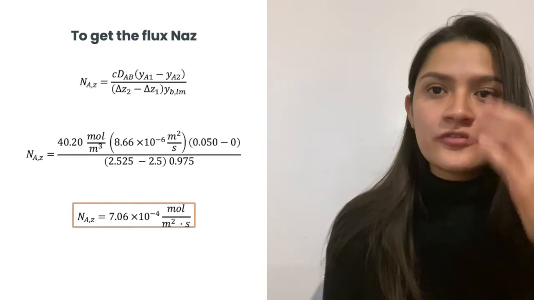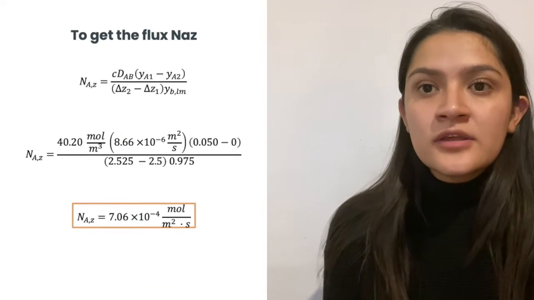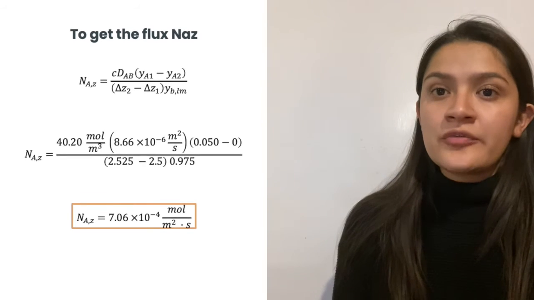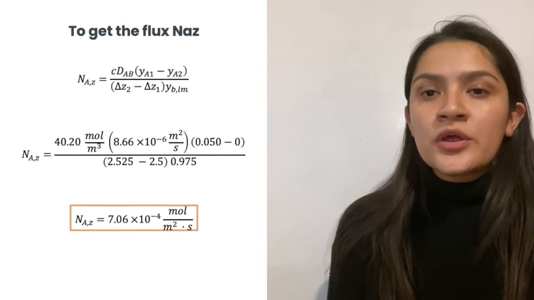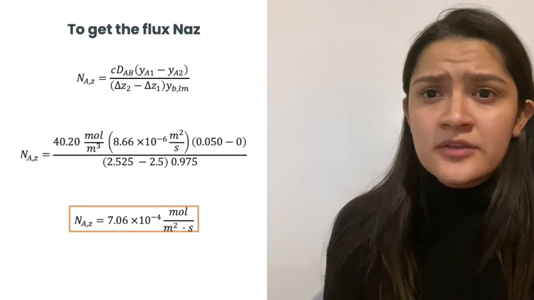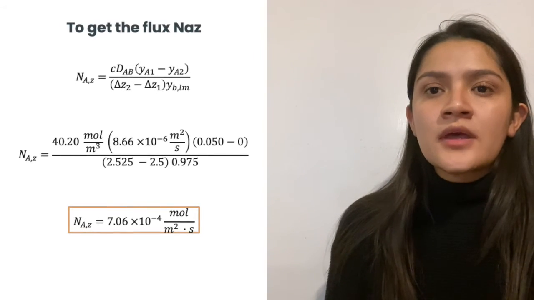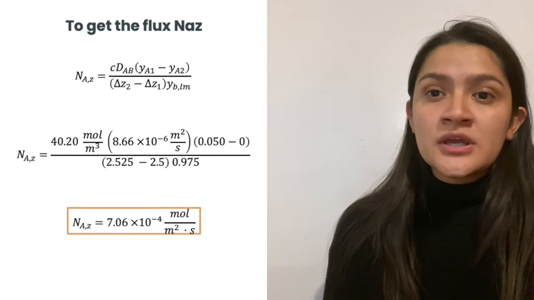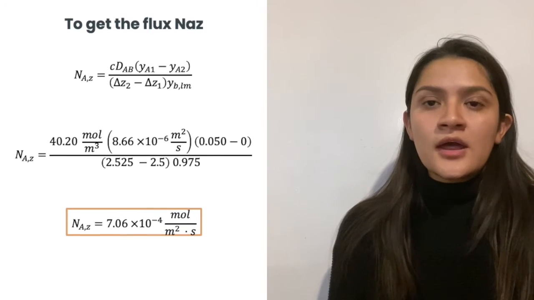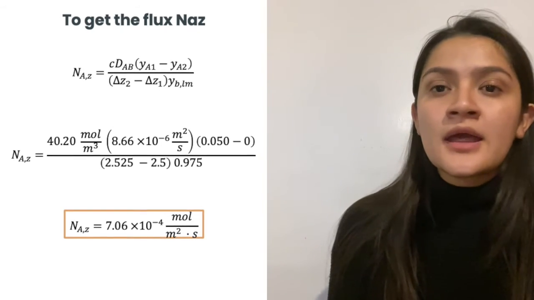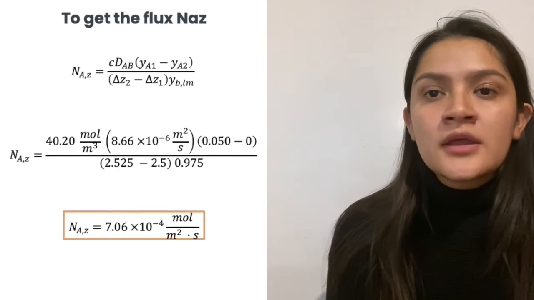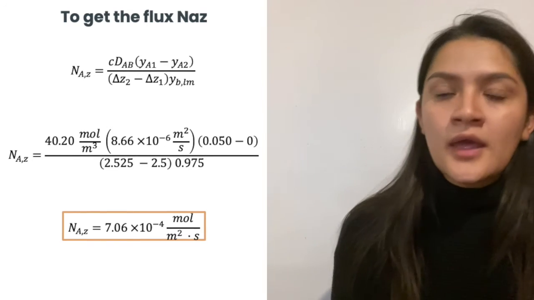Now we are going to get the flux. The flux is obtained by the multiplication of the concentration with the diffusivity constant and yA1 minus yA2, divided by z2 minus z1 multiplied by the yB logarithm.